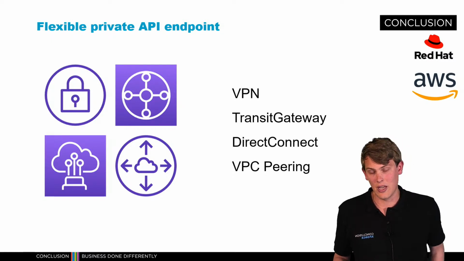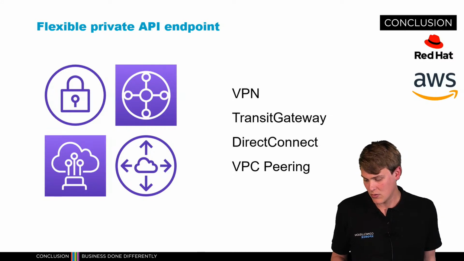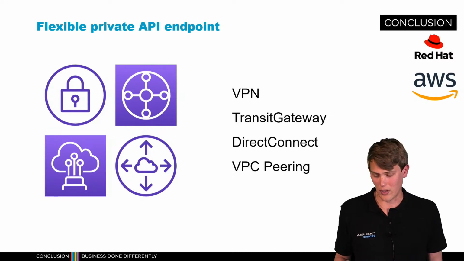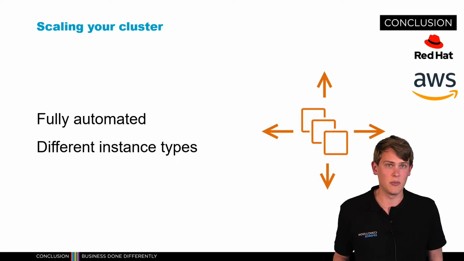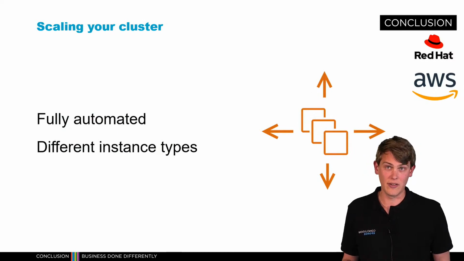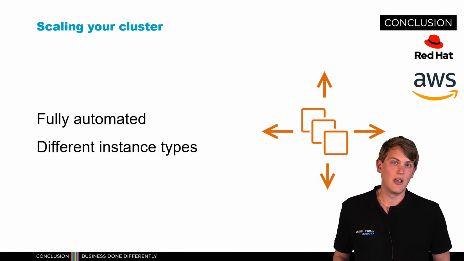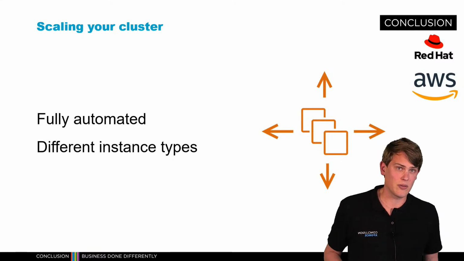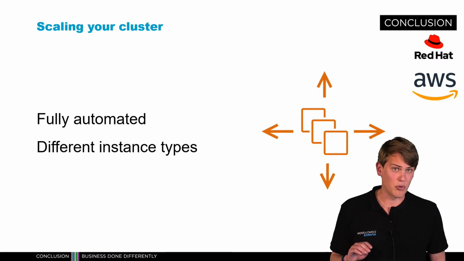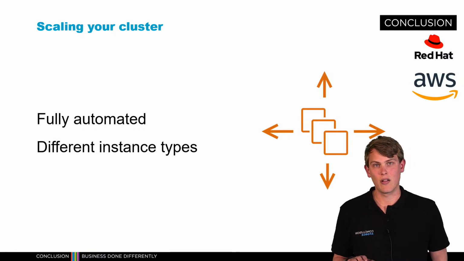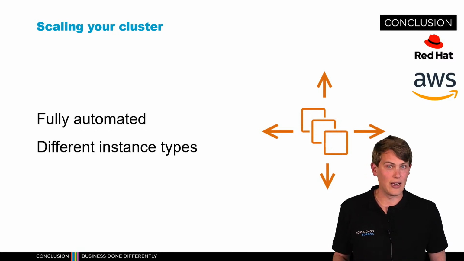One other thing that was mentioned in the demo is the concept of machine sets and machine scaling, or rather machine set scaling. The scaling of your cluster can be fully automated. Either when you provision your cluster, you tell the ROSA installer your cluster is auto-scaling enabled.